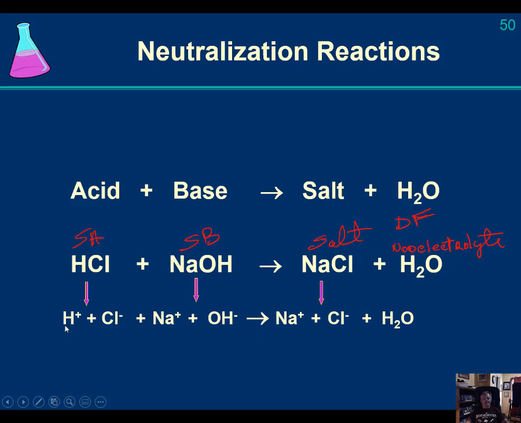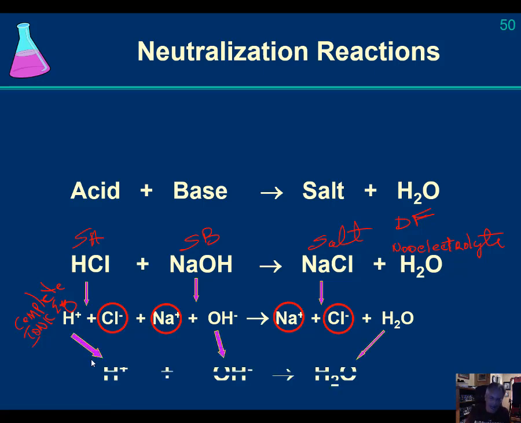If we dissociate all of the strong electrolytes, this is called the complete ionic equation, and we identify the spectator ions. Here are all the spectator ions, chloride ion and sodium cation. They're ions on both sides. We throw them out, and what we have is the net ionic equation.